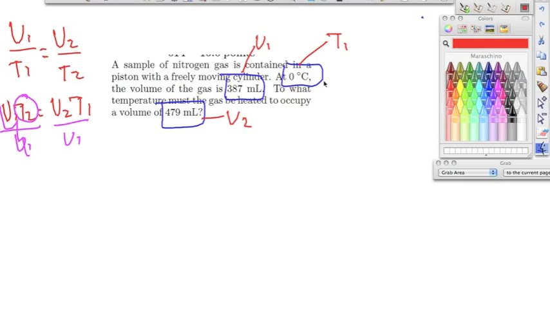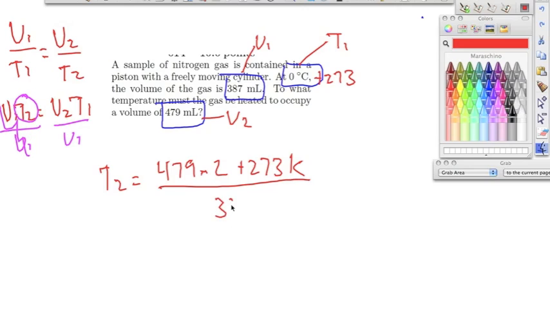Now, one thing with the temperature, remember, it has to be in Kelvin, so we add 273 to it, which 0 plus 273 is just 273. So we get T2, which equals our V2, which is 479 milliliters, times our T1, which is 273 Kelvin, divided by our V1, which is 387 milliliters, and we see that we get a T2 temperature of right around 337.89.